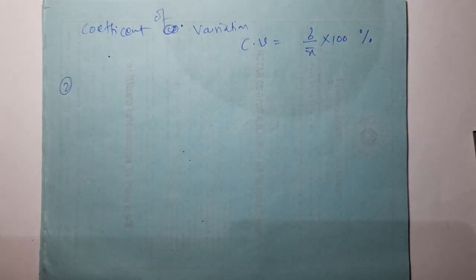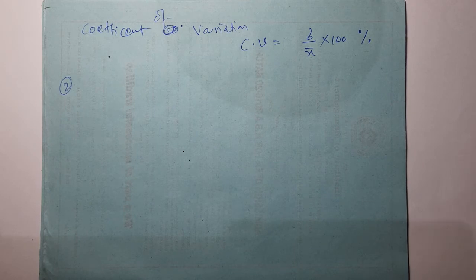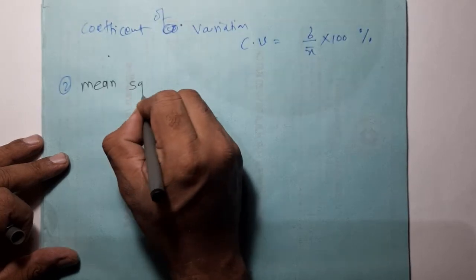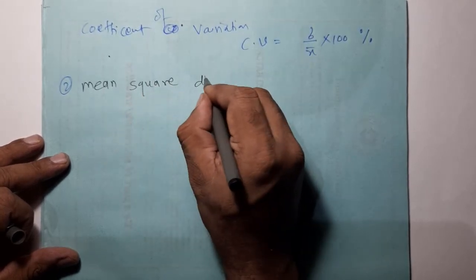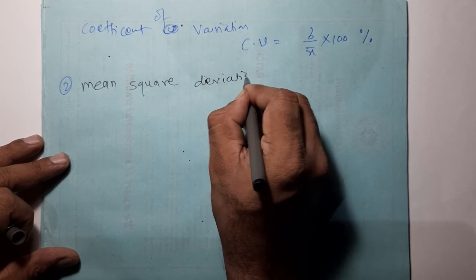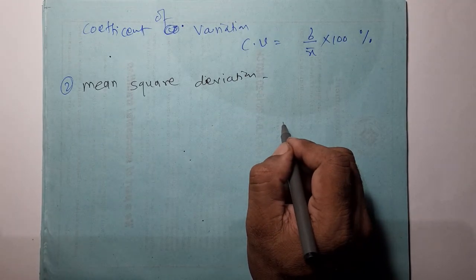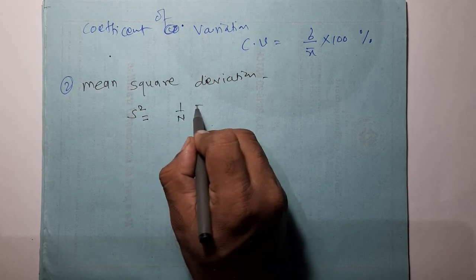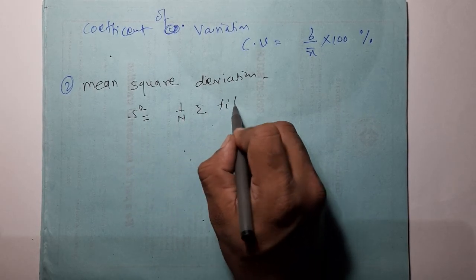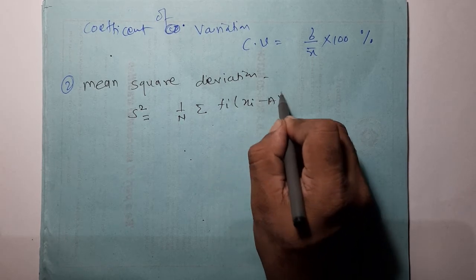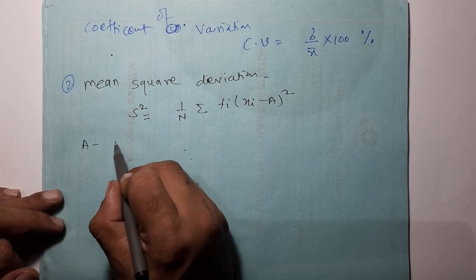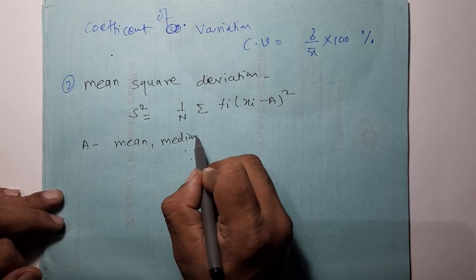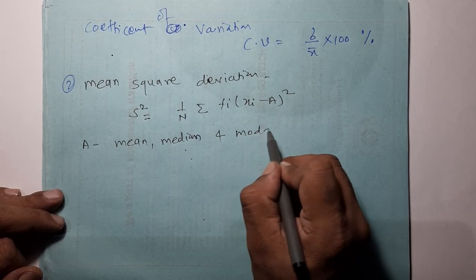Next is mean square deviation. Mean square deviation is written as sigma square equal to 1 by n sigma fi into (xi minus a) whole square, where a may be mean, median, mode, whatever it may be.